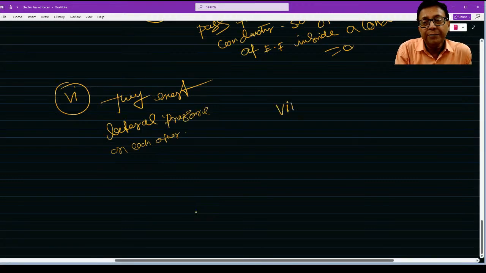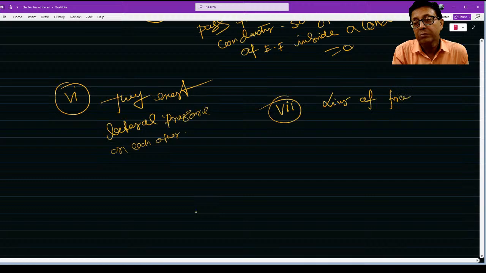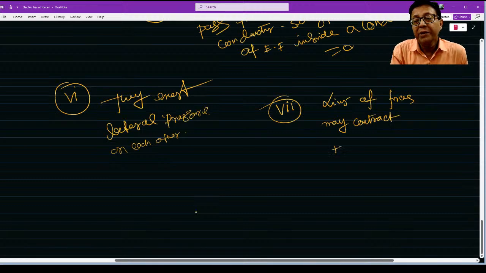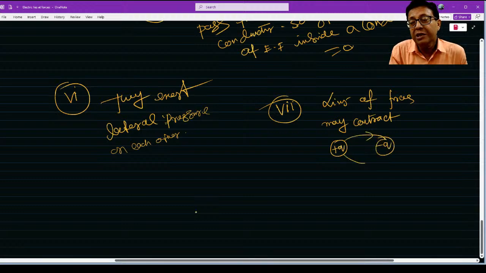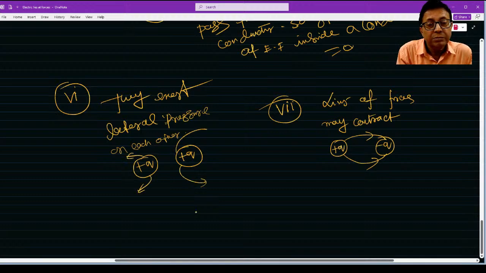Number 7. Lines of forces may contract. How to say that? Because of positive and negative charge, it seems that they are shortened. Due to a plus Q charge, they are moving away.